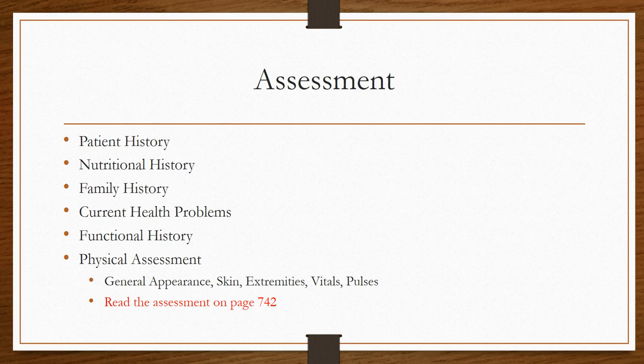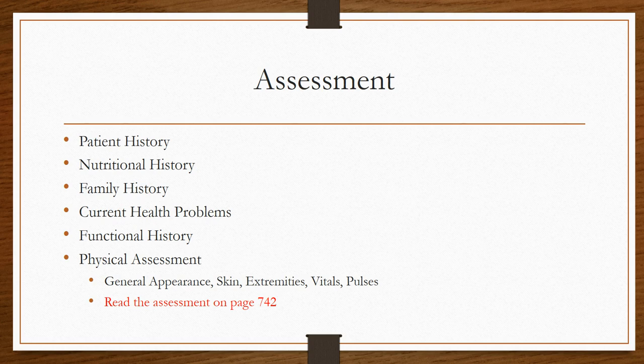Your assessment is going to be patient history. You want to find out how they have been living for the last 20, 30, 40, 50, 60, 70 years. Were they a smoker? Did they have a lot of weight gain? Did they gain weight over a certain amount of time? You just want to find out a little bit more about them and what has gone on in their life, or even presently what's been going on. You want to find out their nutritional history. Do they eat well?